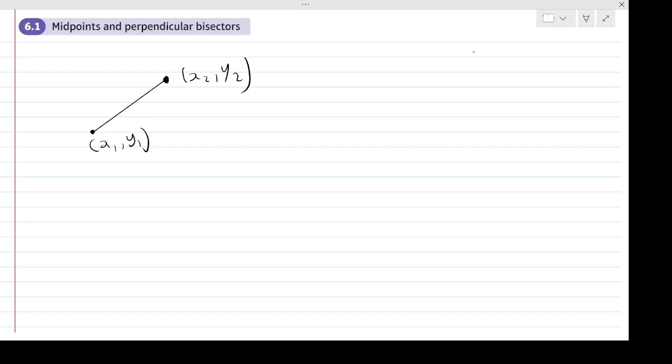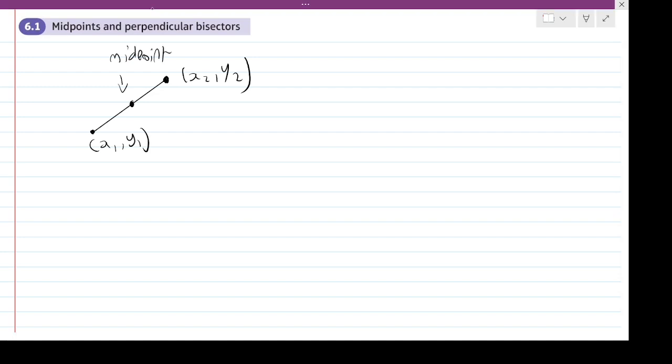What else you can do with this line is to work out what's in the middle, which should be about there. This middle point here, we call the midpoint, obviously, because it's the middle point. And this will be useful to us in a moment.